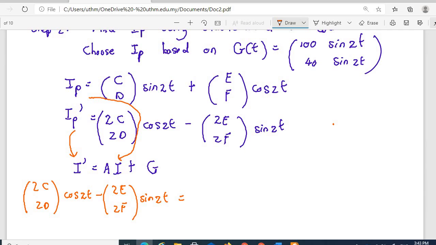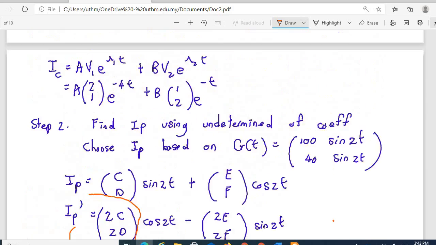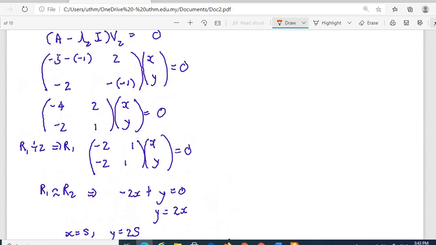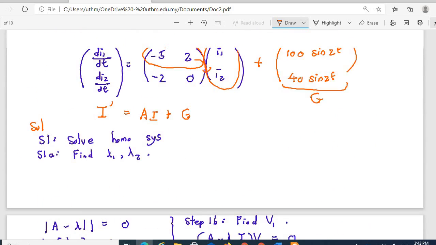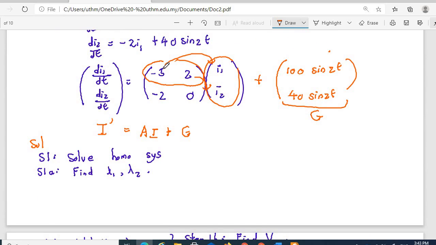Okay, matrix A. Go back to the question, the matrix A: negative 5, 2, negative 2, 0.